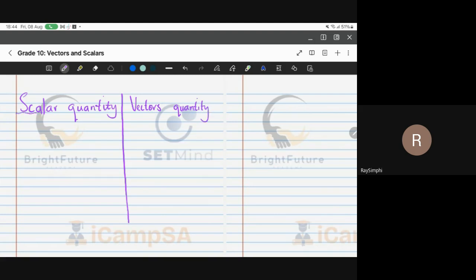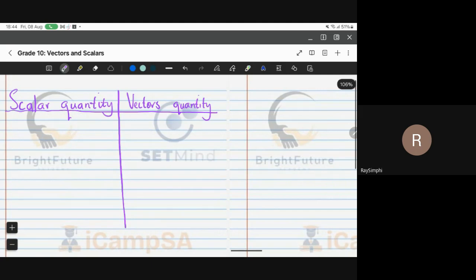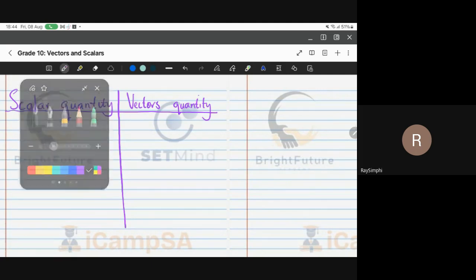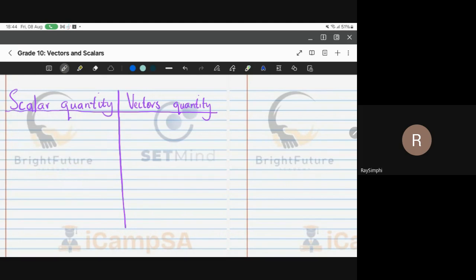Right now, let's do this. Scalar quantity definition: a scalar quantity is a physical quantity that only has magnitude.